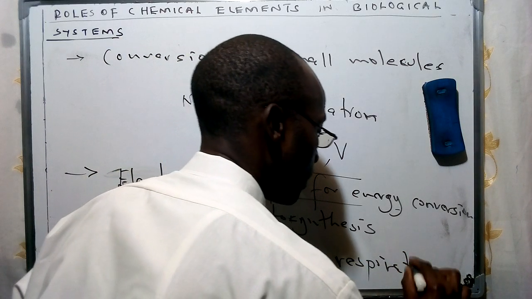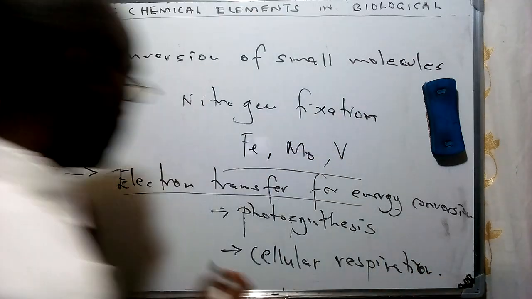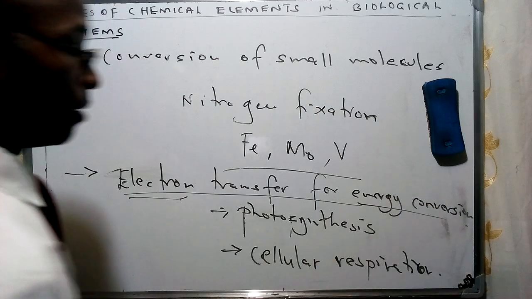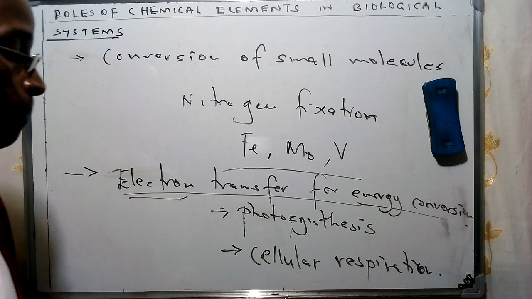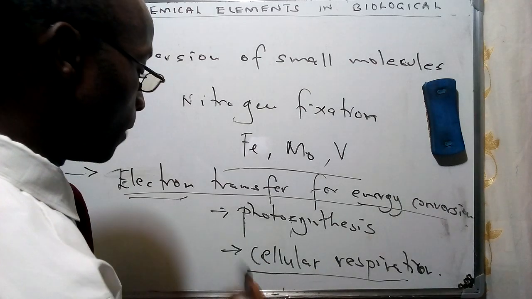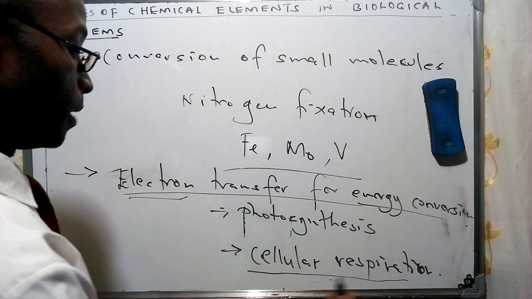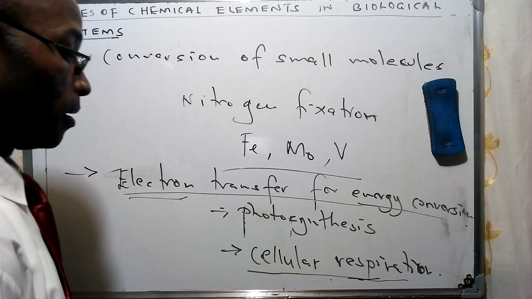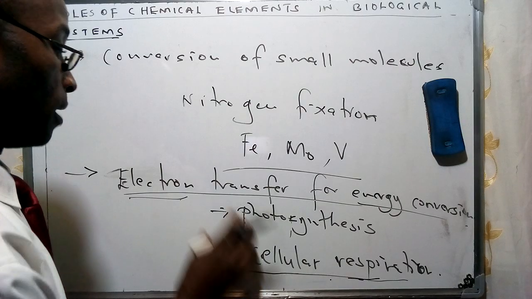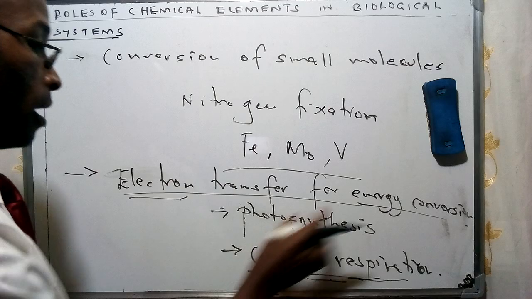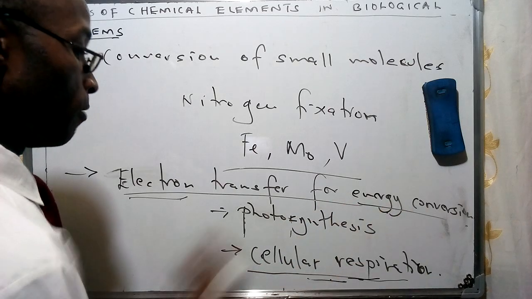And these two processes are going to be depending on this specific aspect of electron transfer to ensure that there is energy conversion in this particular case. Now, from our discussion on the concept of cell physiology, we said that particularly oxygen is going to be involved in the process of respiration. But in these specific processes, we are going to see that the transfer of electrons is going to be ensuring that this specific aspect of energy conversion takes place.